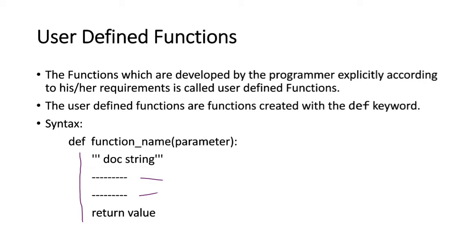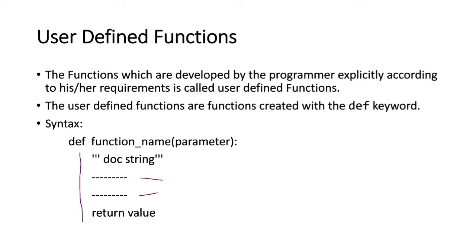One thing to be noted is that both parameter and return value, even your docstring, is optional, right? So it is not necessary in your function that you have to give the parameters. You can have parameterless functions, and it is not necessary in a function to return a value. You can also return None. If you do not return anything, the function by default returns None. So that is optional.